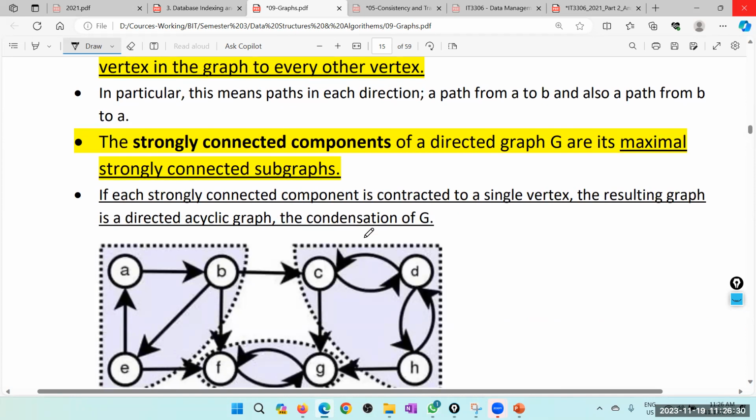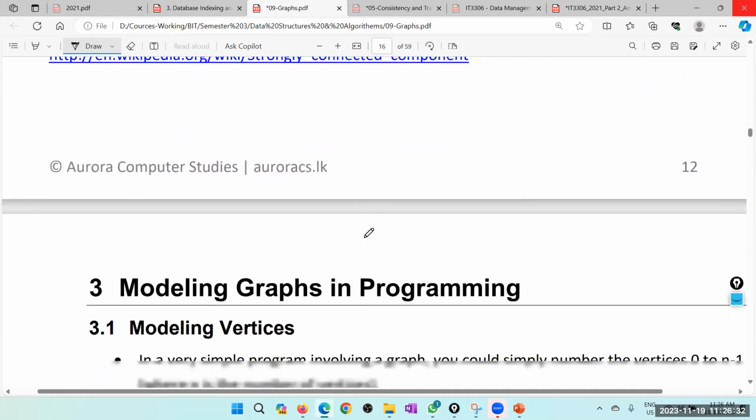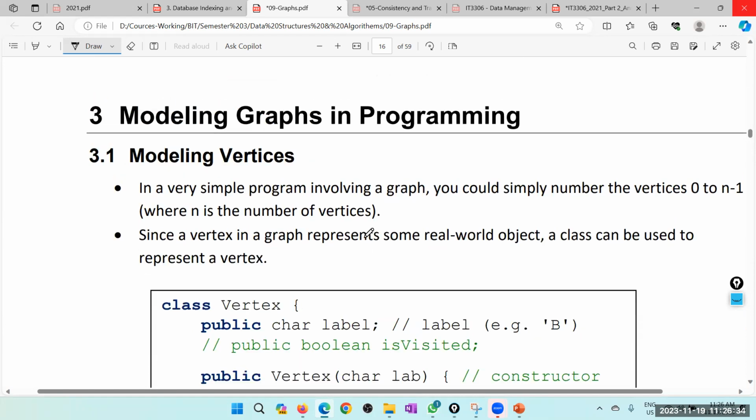Right. Strongly connected components we discussed. So the next thing is how to model the graph. Now, the way we model a linked list and also the way we model a binary tree is somewhat the same. We have a node class and we have the data component, say object type data. Then in a single linked list, we have another node.